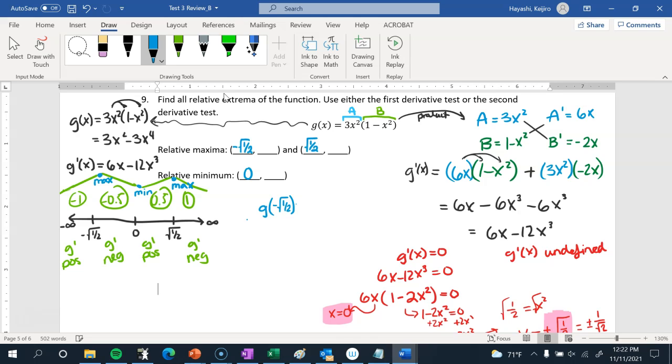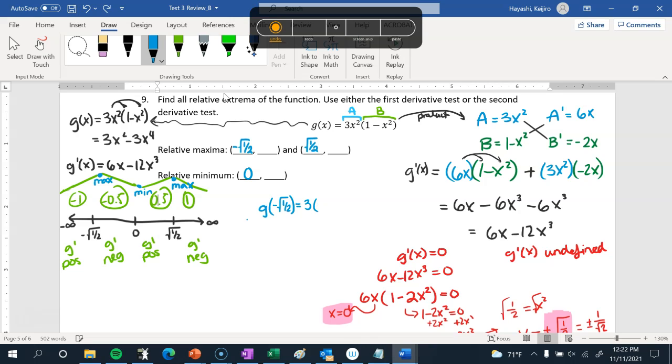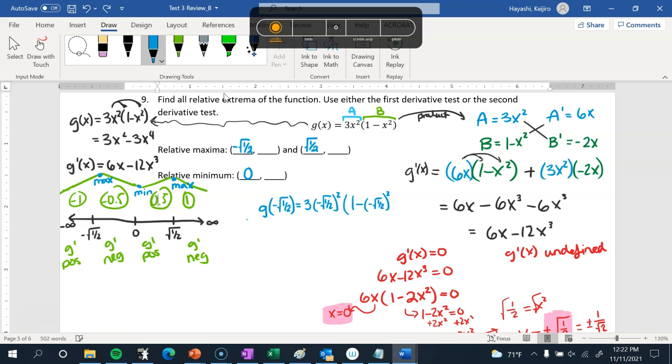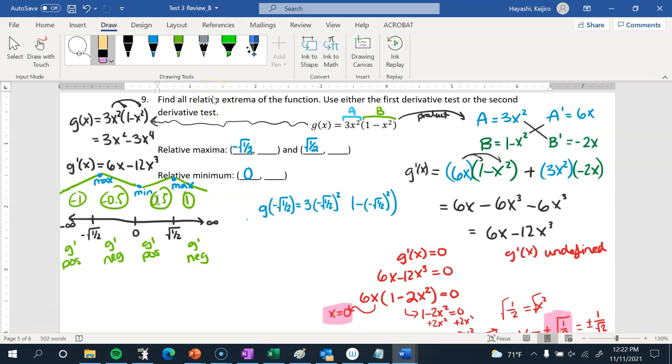So g of negative 1/2 is, and again, there's no reason that you couldn't use your calculator to do this. Negative square root of 1/2 squared times 1 minus the negative square root of 1/2 squared, close that, parentheses, and actually let me use brackets for this instead.